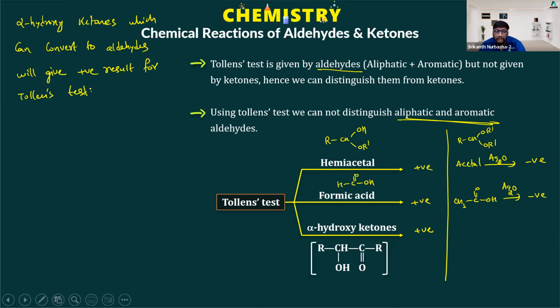That means let us take an alpha hydroxyketone. Generally, alpha hydroxyketones which have a tendency to convert to aldehydes will be giving a positive test.